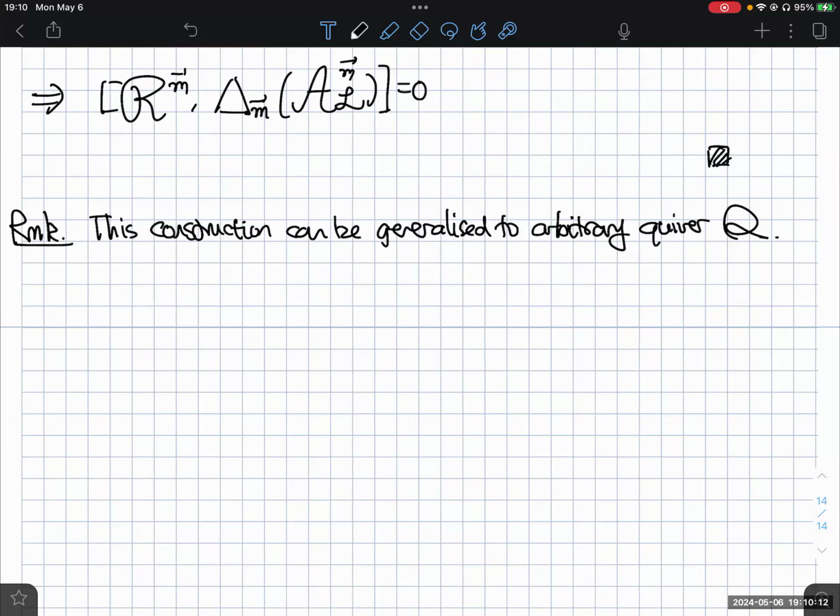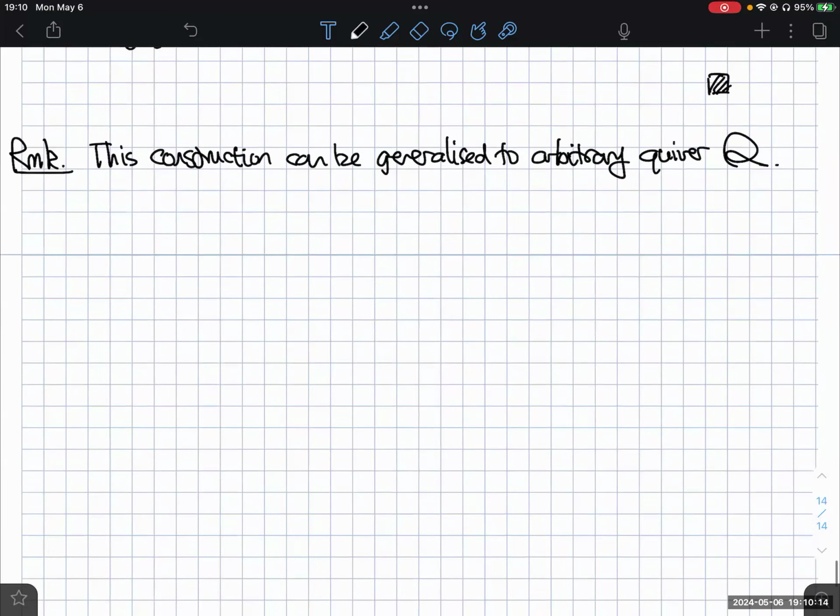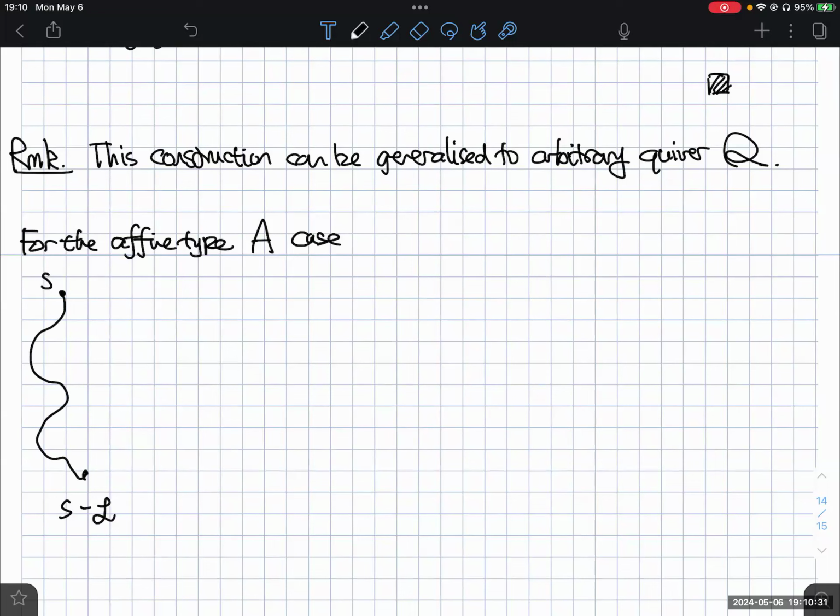So the thing here is the following. If we consider the affine type A case, and we choose the path, for example, from S to S minus L, because the choice of the path is really generic, we can choose some generic path such that it intersects with some points.